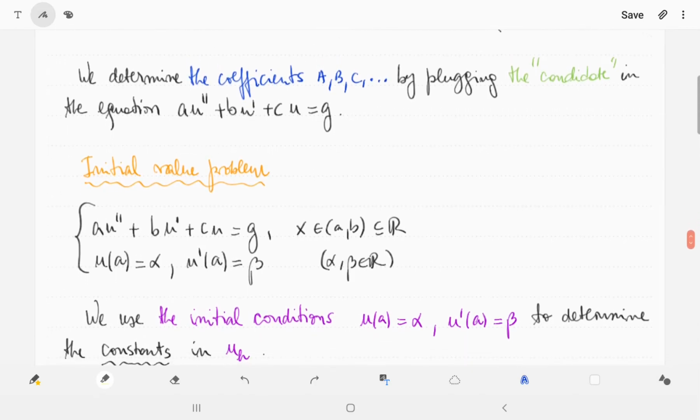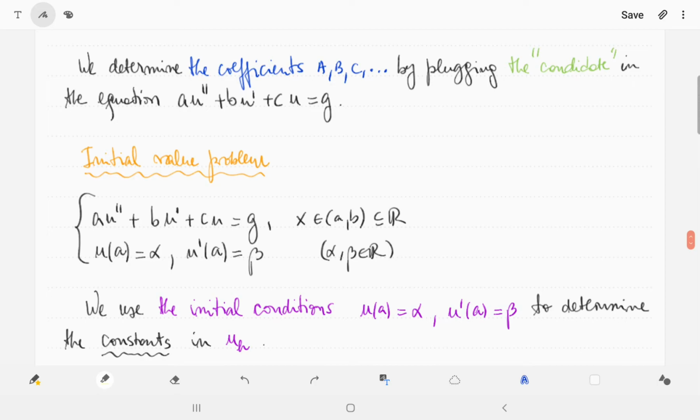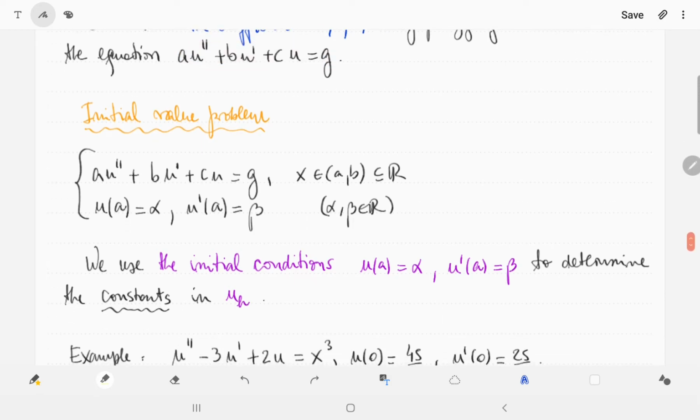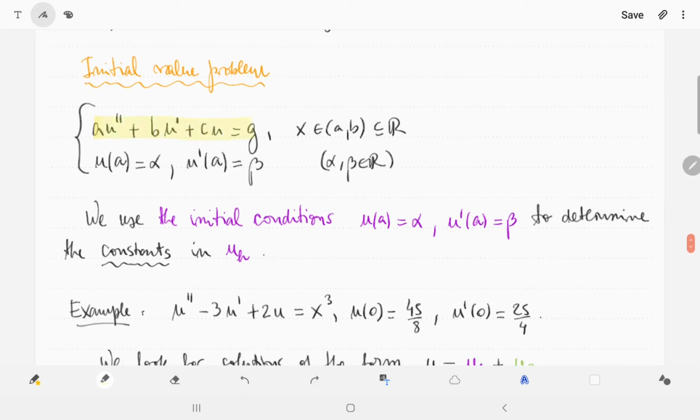Once we have the candidate, we find the coefficients by plugging the candidate into the second order linear equation. And if we have an initial value problem, which is the equation plus initial conditions, in general, if I have an equation of order 2, then I have 2 conditions.